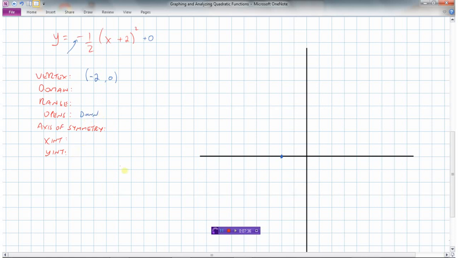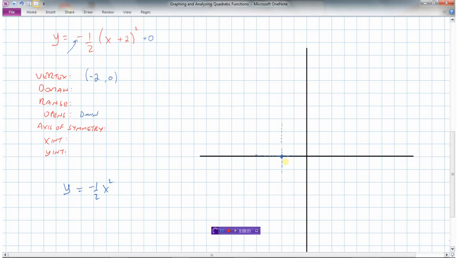And now let's end up graphing the function. So we're going to pretend this is the new origin right here, because this is where the vertex is. And we're going to graph y equals negative 1/2 x squared, because we've moved it left 2 and up and down 0. So here's our vertex.